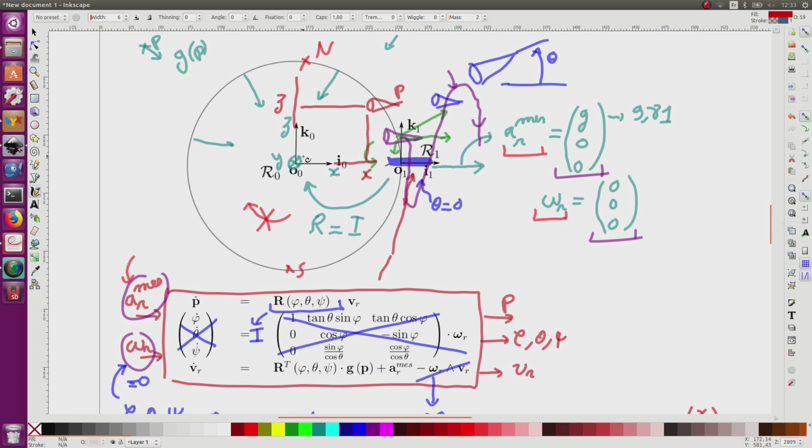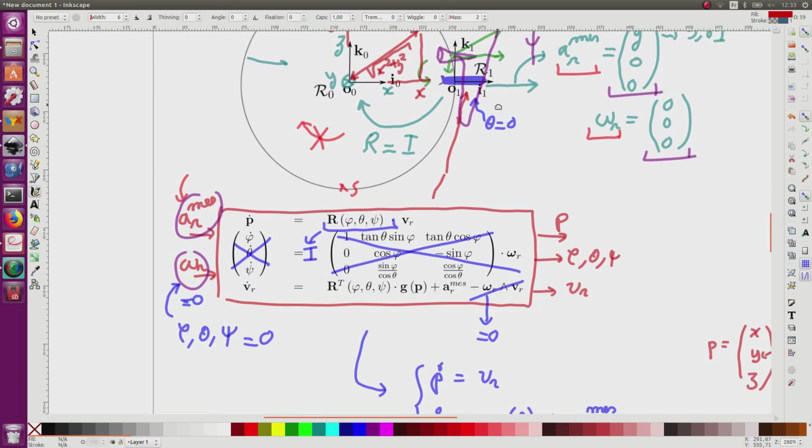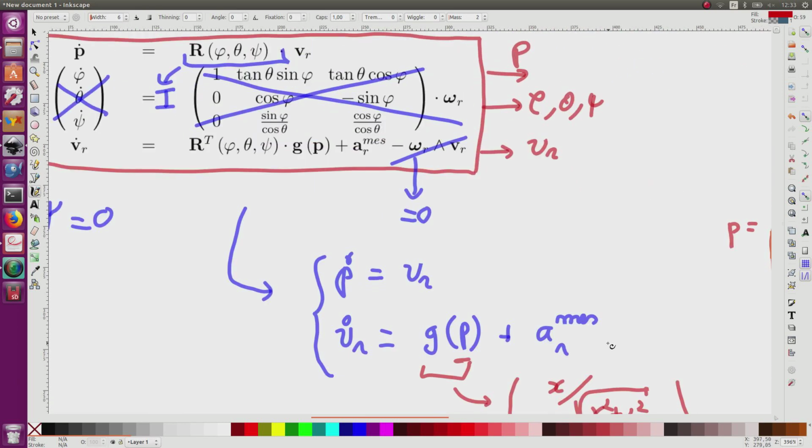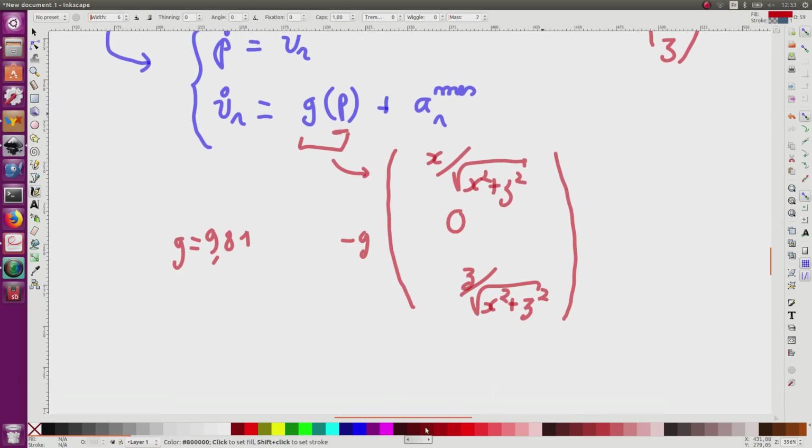The corresponding angle, so this vector, has a cosine and a sine, and since the length of this segment corresponds to the square root of x2 plus z2, the cosine and sine are given by this ratio.